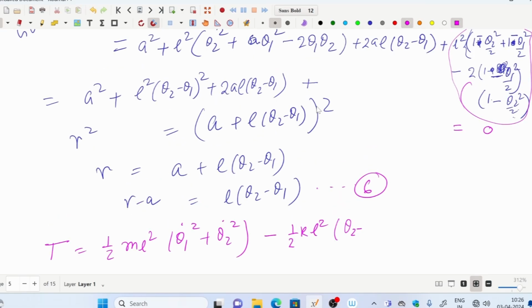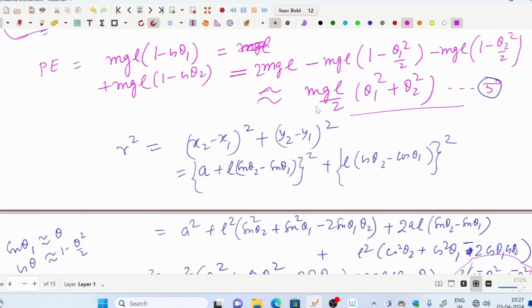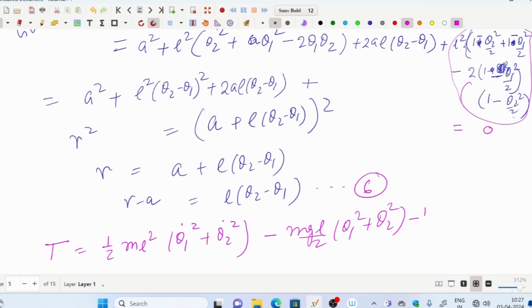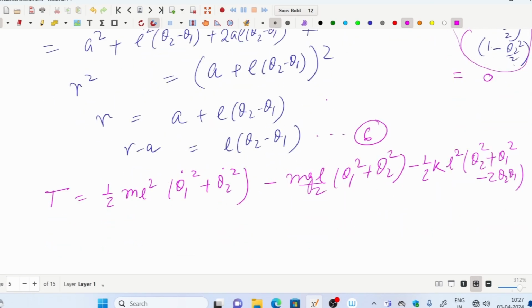So the order of terms has changed. Let me write, okay. First we will write that equation 5, minus mg L by 2 theta 1 square plus theta 2 square, and then minus half k r minus a whole square. So r minus a whole square is this, theta 2 square plus theta 1 square minus 2 theta 2 theta 1, okay. So this will be the full Lagrangian.